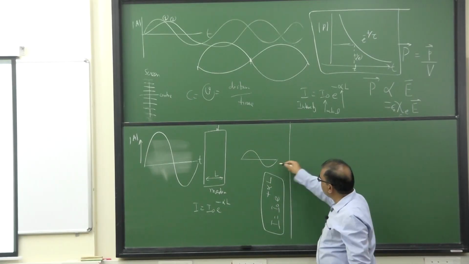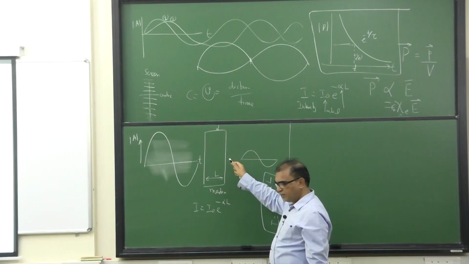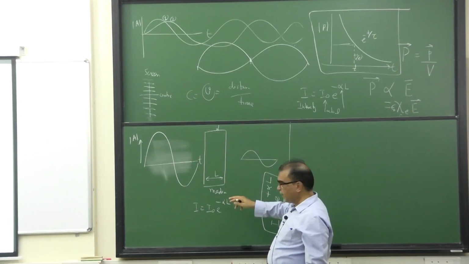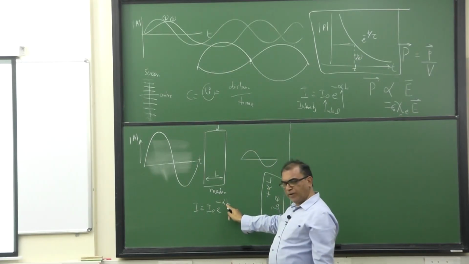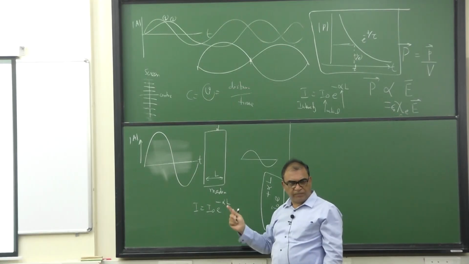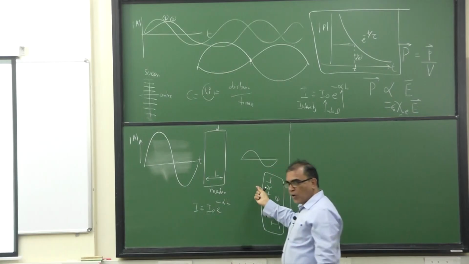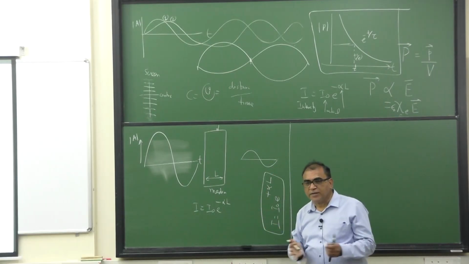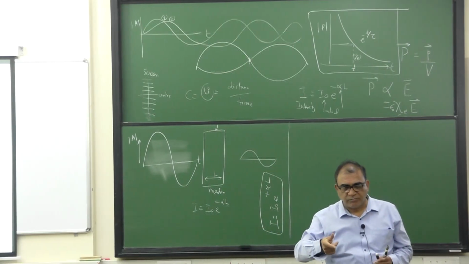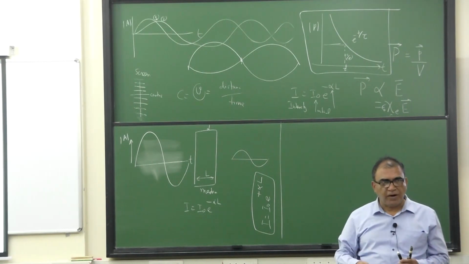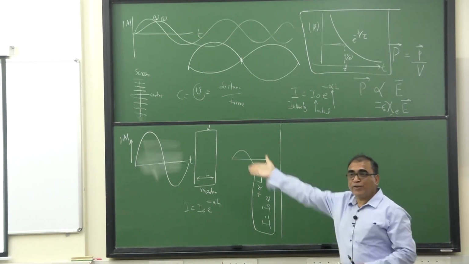That means if alpha is negative, the negative will become plus, so I need a negative alpha. This was giving me loss. If I can somehow flip the sign of alpha, I start getting amplification.